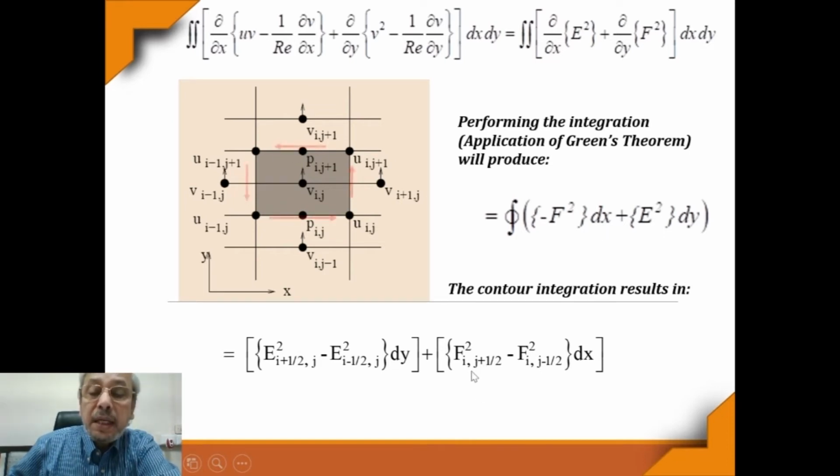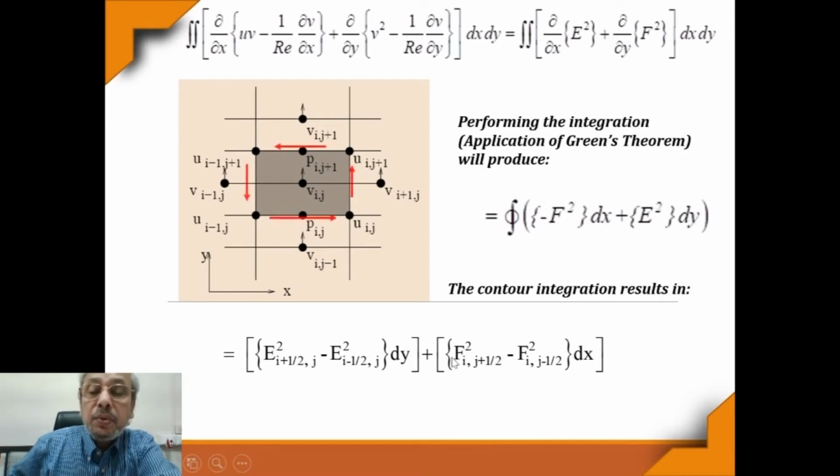And here F2 at i j minus half is defined, into positive delta x, which makes this quantity positive, but with the negative sign it becomes negative.